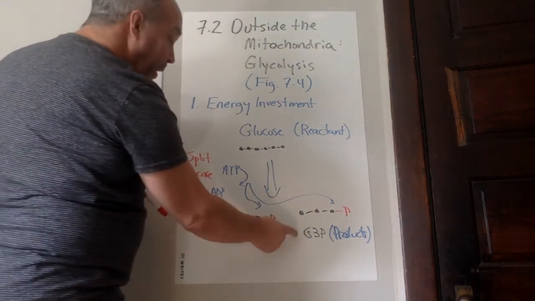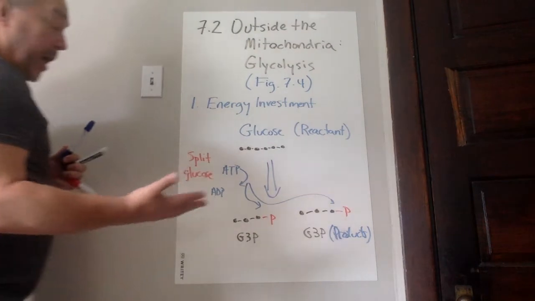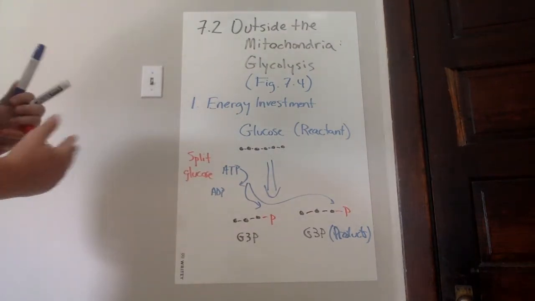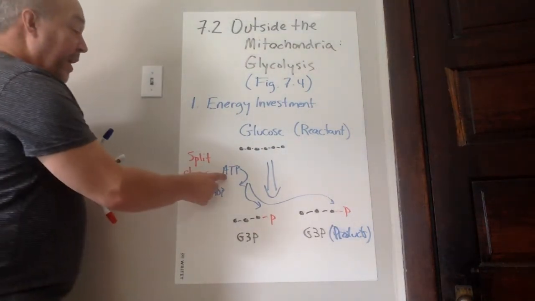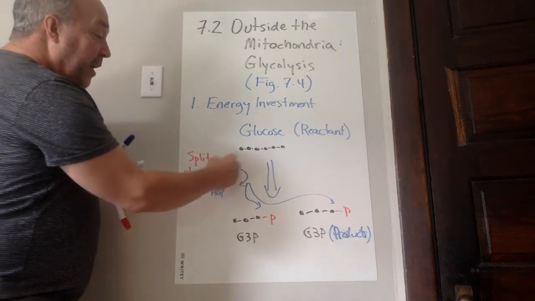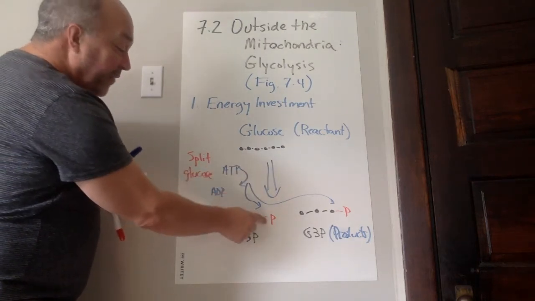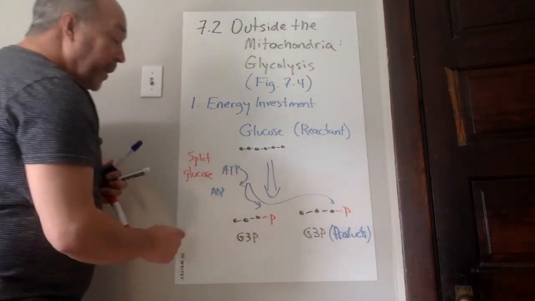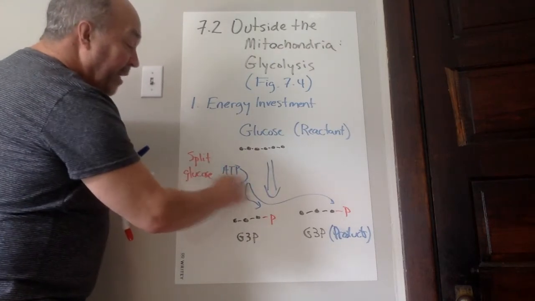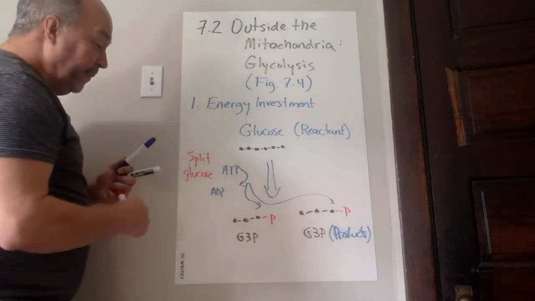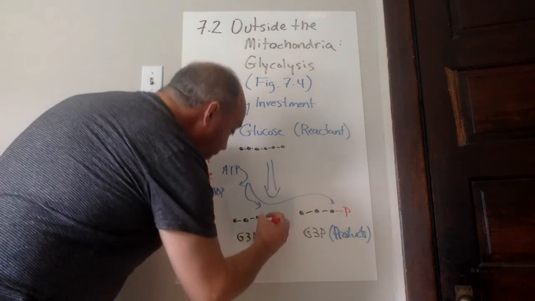Here's 1, here's 2. As we recall, these always go together with energy reactions. The energy from ATP is released, and that phosphate group is added here. So we've released the energy from the ATP, and we've added that energy to this G3P molecule.